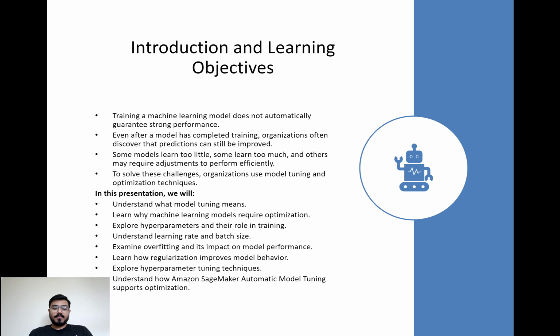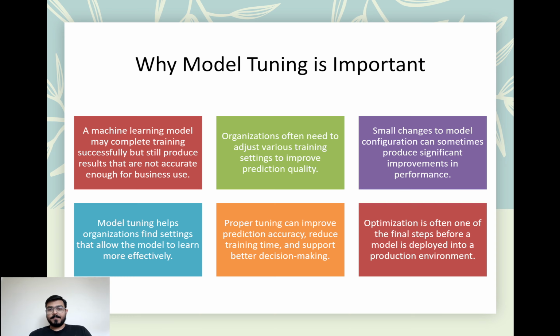In addition, we will examine overfitting, regularization, hyperparameter tuning, and Amazon SageMaker automatic model tuning. By the end of this presentation, you will understand how organizations improve machine learning models after training has been completed. So let's discuss why model tuning is important.